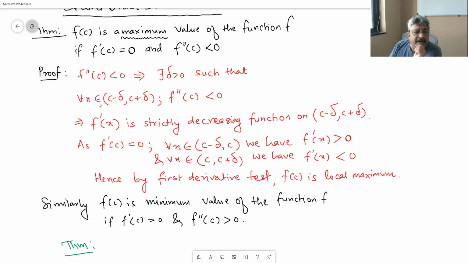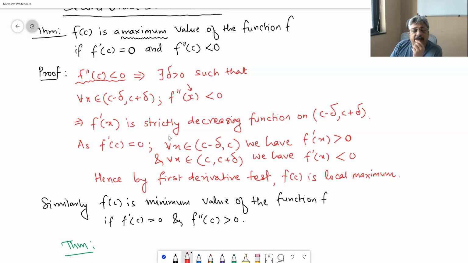Okay, for every x, it should be x here, not c. For every x, f double dash is less than 0. Because if I write f of c, then this and this statement are the same. The meaning of this statement is that in the delta neighborhood of c, it is less than 0. So this should be x and not c.